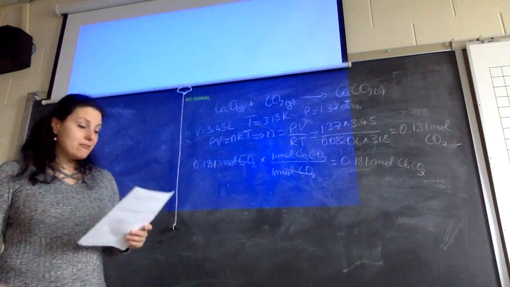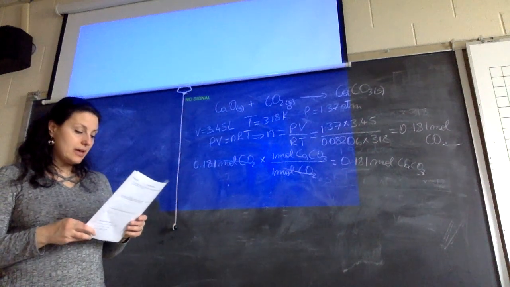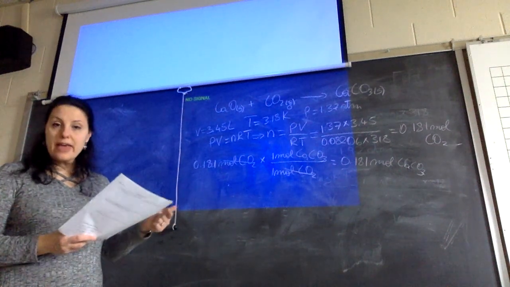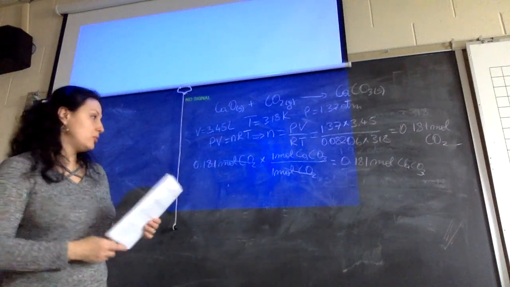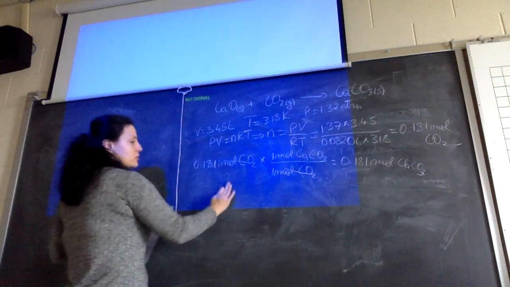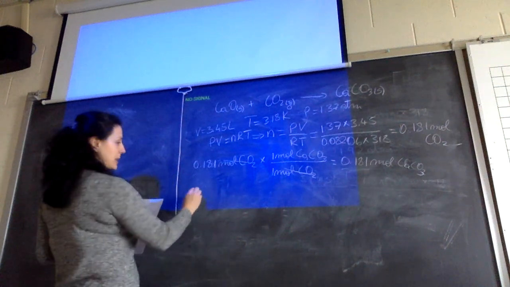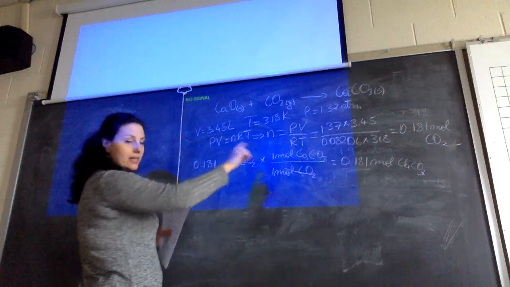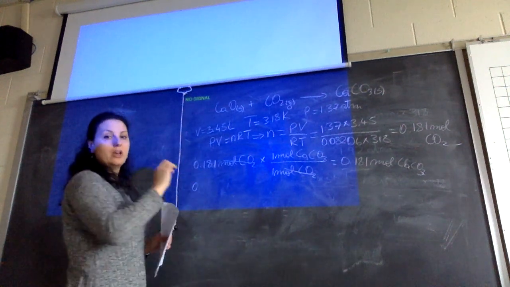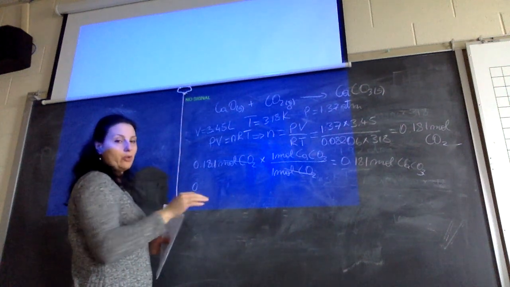Okay, now that I have moles of calcium carbonate, I can convert that to grams by using the molar mass. I'm not going to show you how to do that. You should know how to do it by now. So I take the amount that you're given. Do not use the molar mass first.